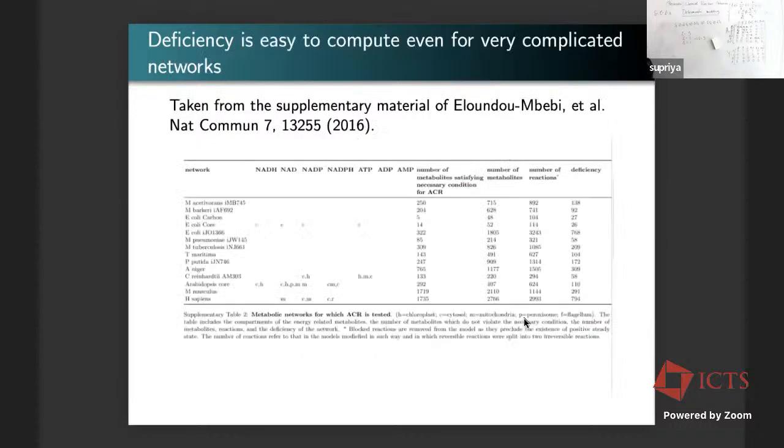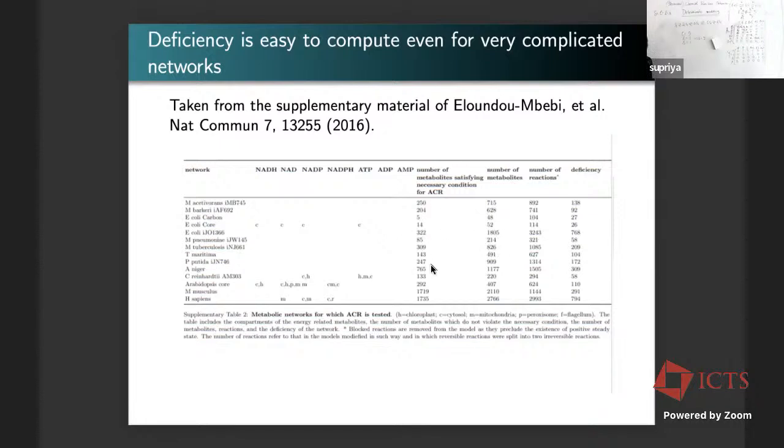Now, this was a rather interesting paper, or rather the supplementary material of this paper. This is what they did, for whatever reasons. We don't have to go into the reasons. Just look at how big these networks are. Look at this column, number of metabolites, number of reactions. Look at the number of reactions. They've taken important cycles or sets of reactions in various systems.